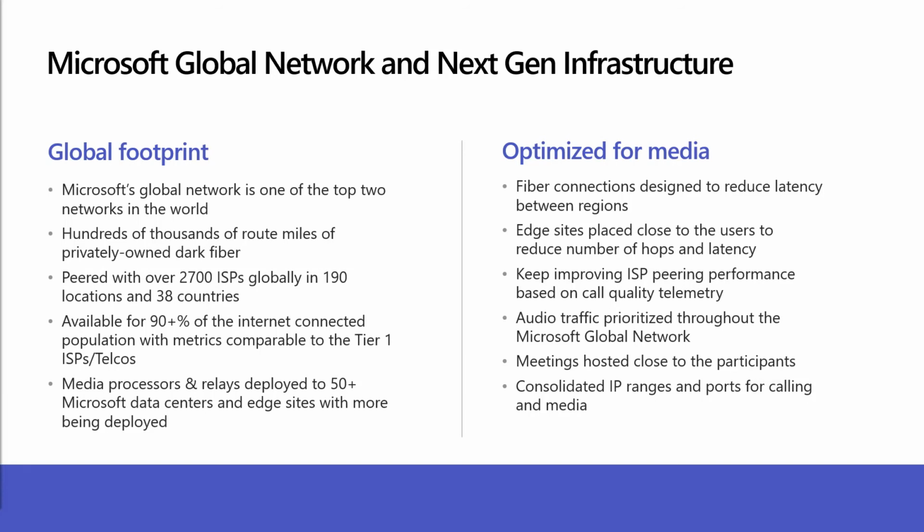This slide highlights a lot of the things about the Microsoft network. But on the right-hand side, that column is what's most interesting to us with Teams Rooms, optimized for media. Unlike the general internet or even corporate networks, the Microsoft network knows what kind of media to expect and acts accordingly, prioritizing the important media.